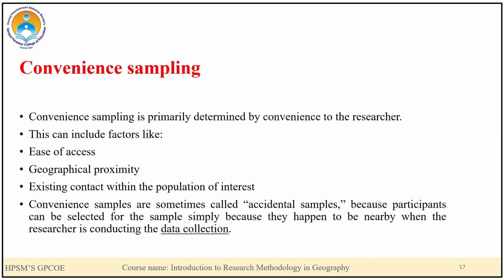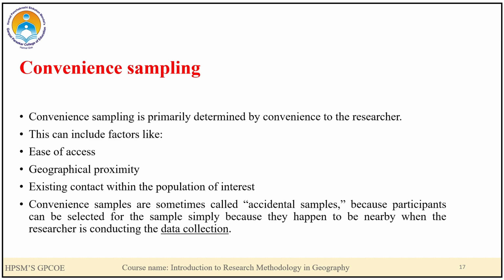First, we have convenience sampling. Convenience sampling is primarily determined by convenience to the researcher. This can include factors like ease of access, geographical proximity, and existing contacts within the population of interest.